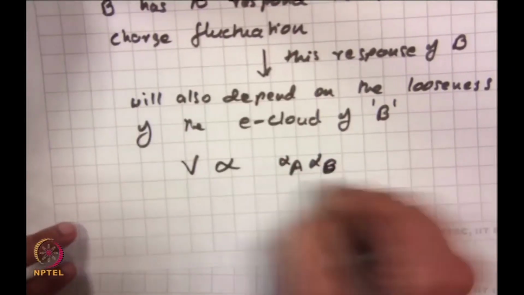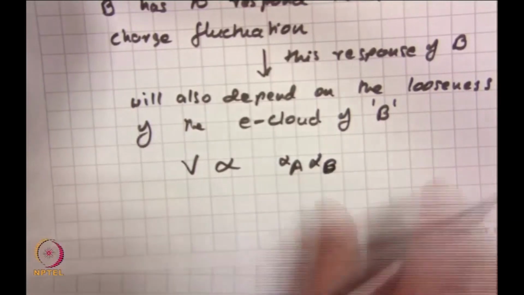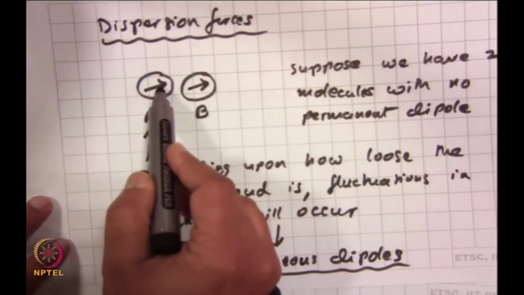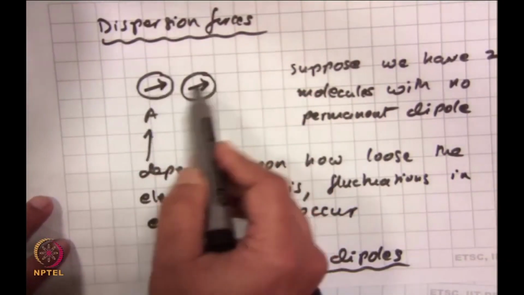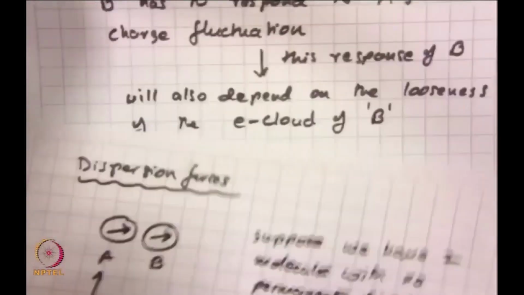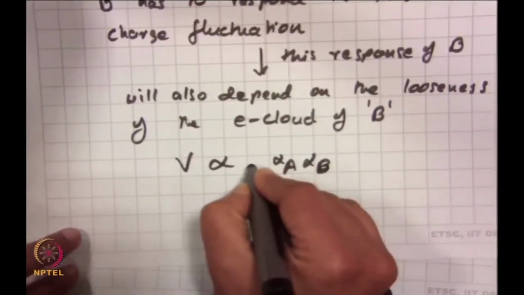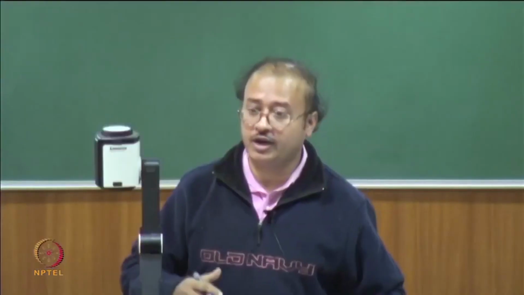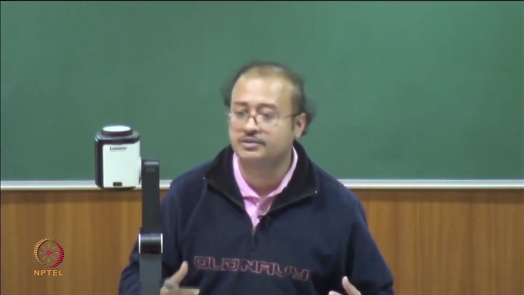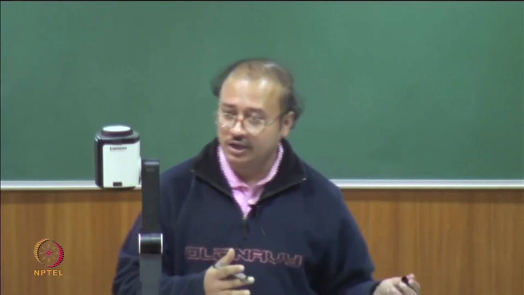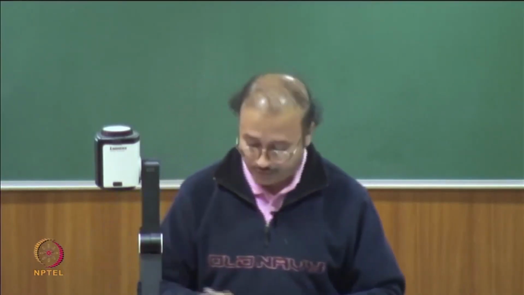This is the polarizability of B. Because this is an instantaneous or induced dipole, if I have a dipole like this, the other dipole is induced such that it is always attractive. Hence, I can write that my potential energy of interaction is attractive. Is it clear? We are developing the dispersion force, which I am sure you know, but looking at it again from a slightly different viewpoint, in the context of the electrostatics we have been discussing.